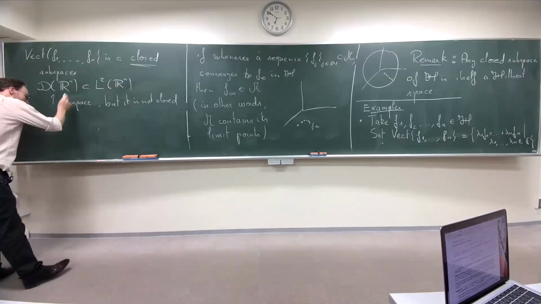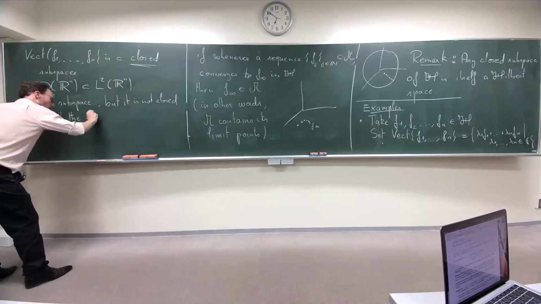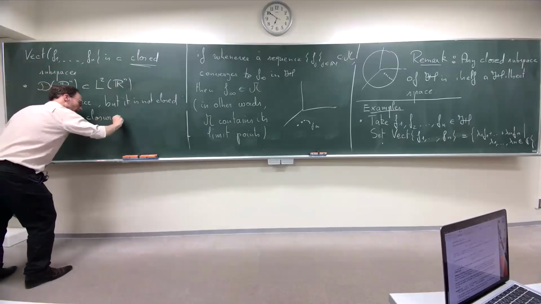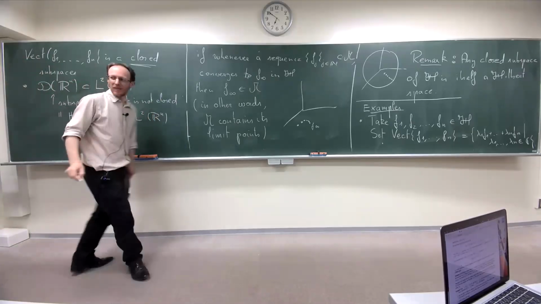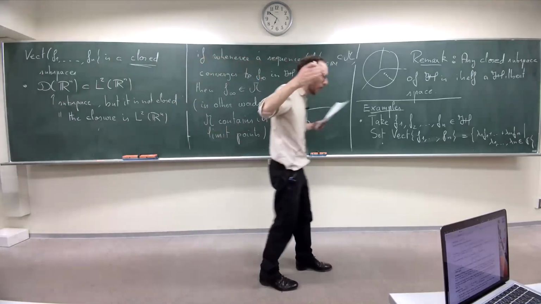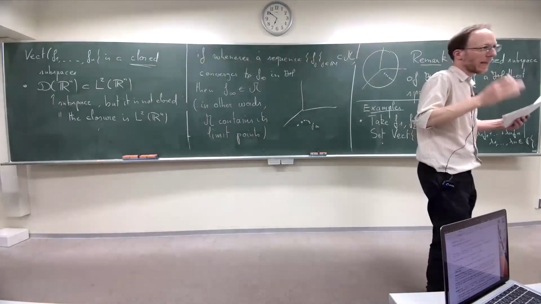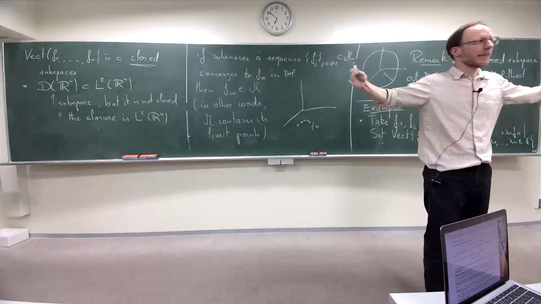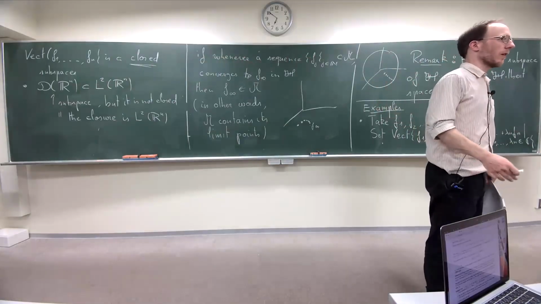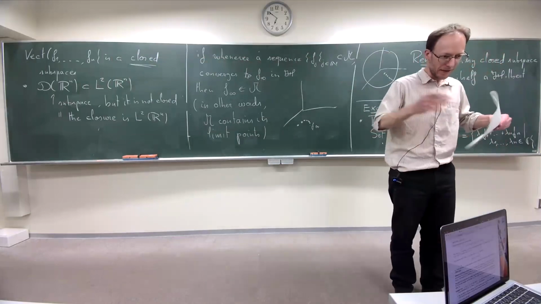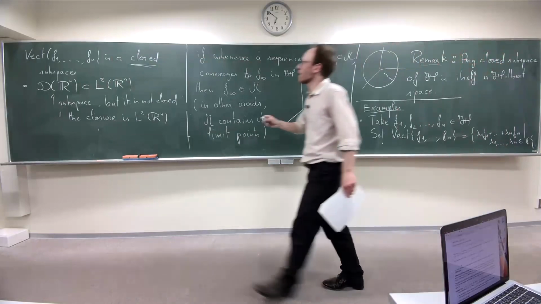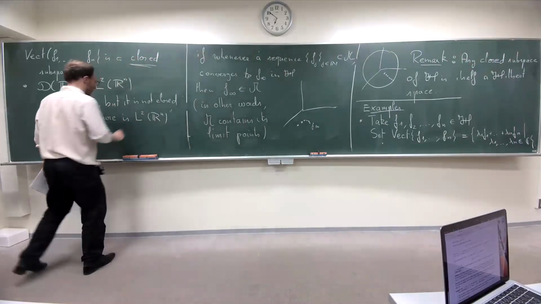The closure is L2 of I. We don't know what a closure is yet, but you can imagine you want to take all these limiting points, and what you get is exactly L2. So it's dense, but it is not closed.